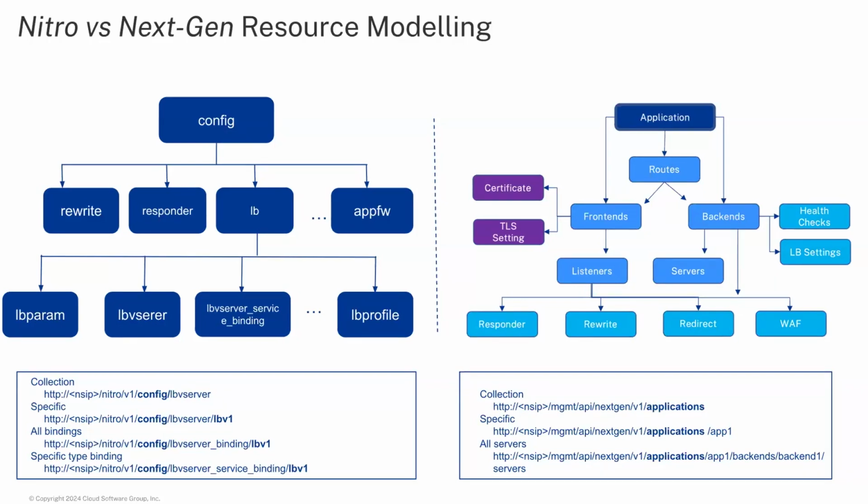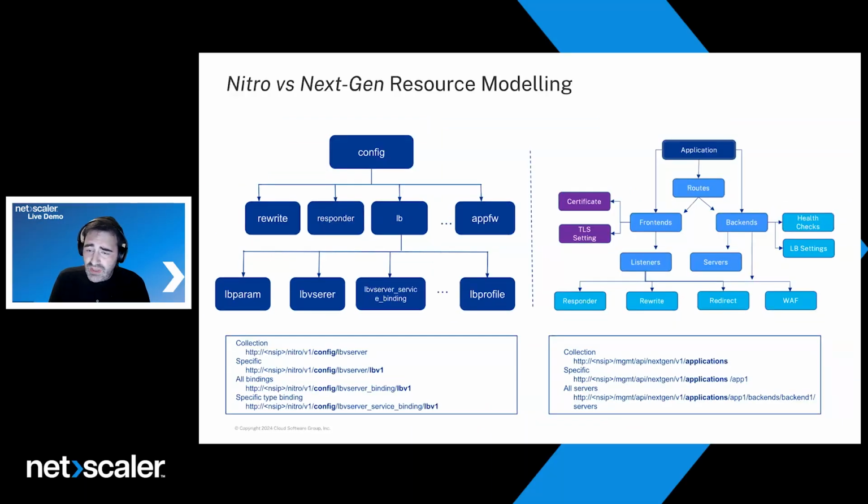So we are talking about routes, how you can route traffic to your application. We are talking about front ends and back ends, what front ends your application and how you can route traffic to these back ends. So you can see that there is a concept around how the application works.